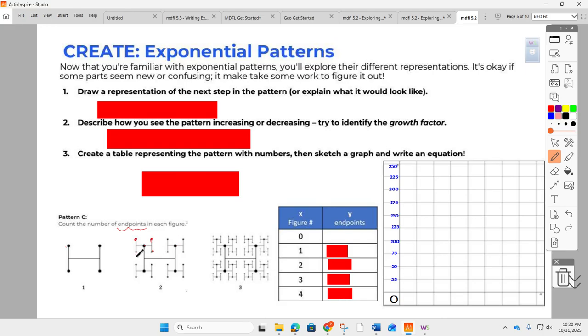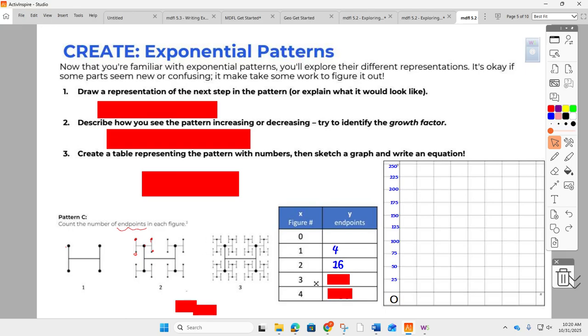So there's 4, 8, 12, 16 endpoints, right? And so then only the ones on the outside here. So figure 1, there's 4 endpoints. Figure 2, 16 endpoints. Figure 3, there's 16 on each of those, so that's 64.